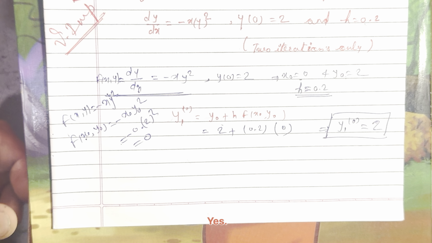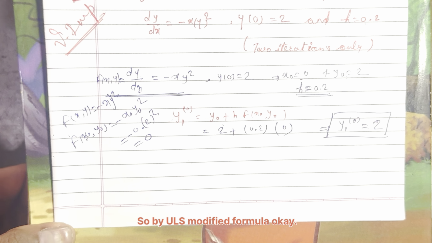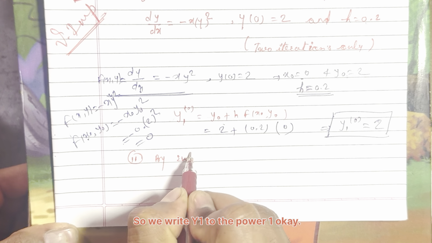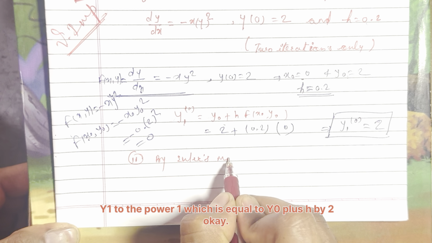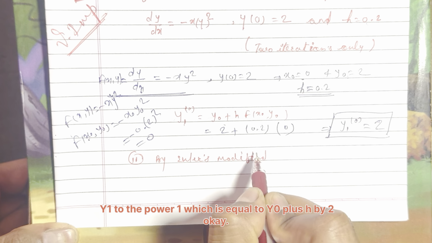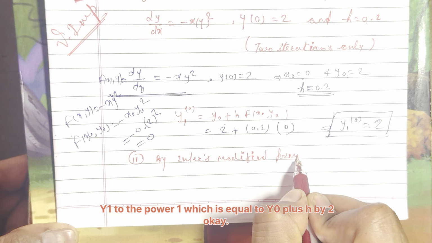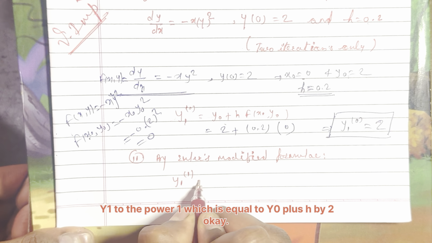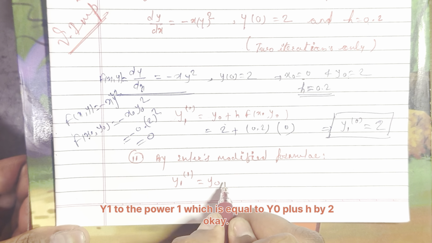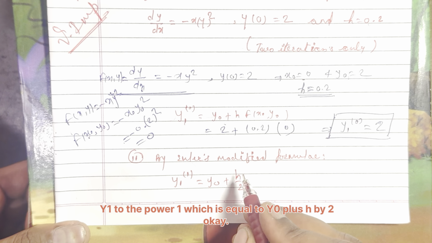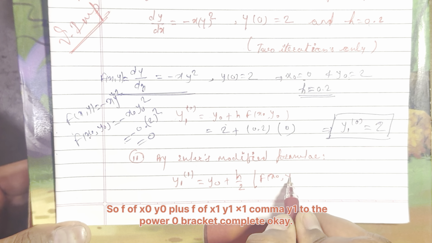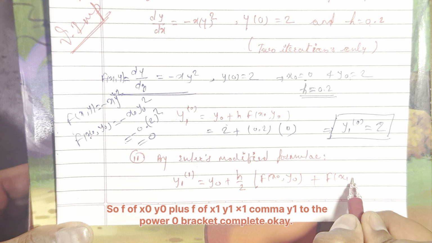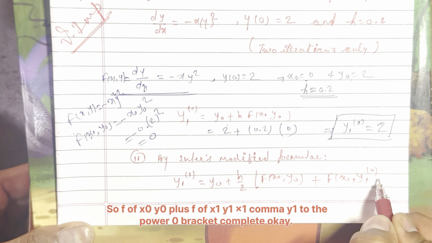For the second iteration, by Euler's modified formula, we write y1 to the power 1 equal to y naught plus h by 2 into f of x naught, y naught plus f of x1, y1 to the power 0, bracket complete.